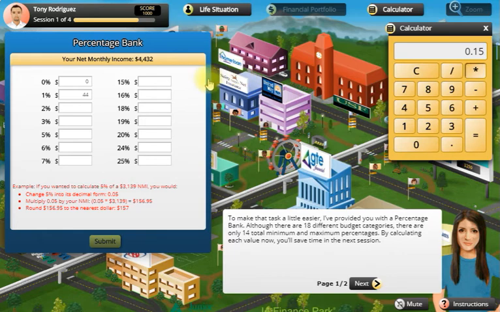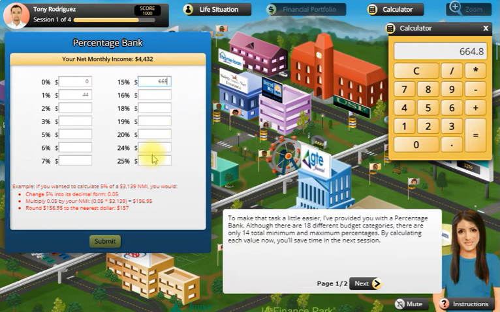Multiply that by your net monthly income, 4432, equals, there it is, $664.80. There's a 0 missing, it should be 80. If it's 50 cents or higher, you round this up 1 more dollar. So this will be 665 bucks because we're rounding up to the nearest dollar.